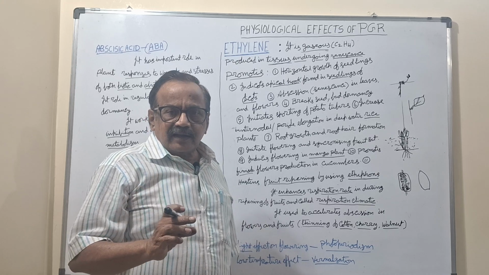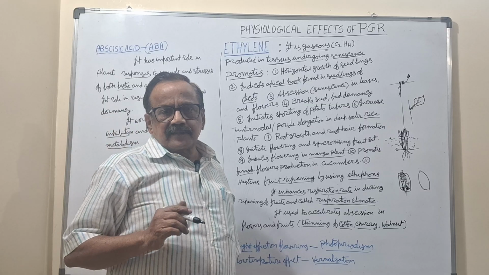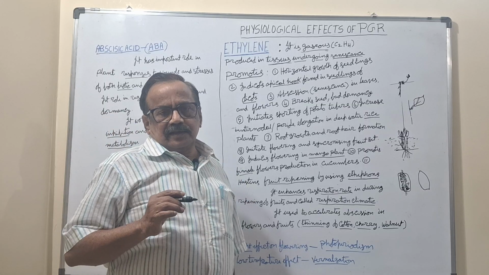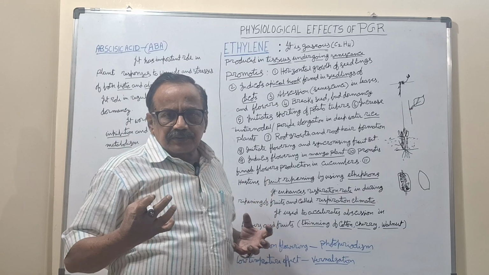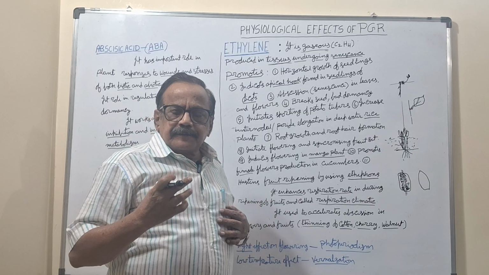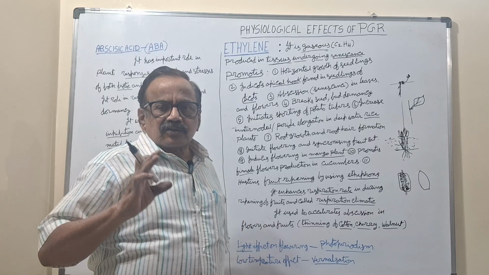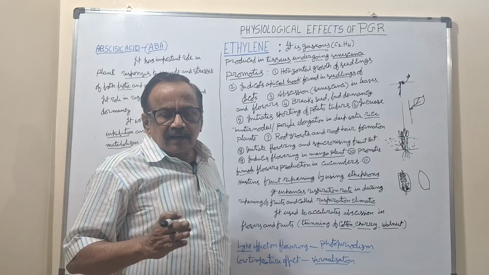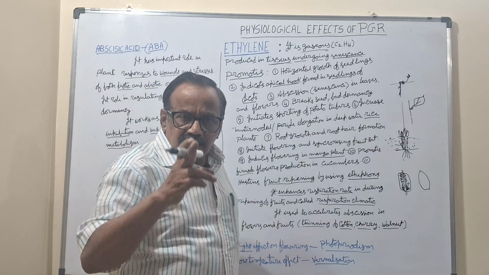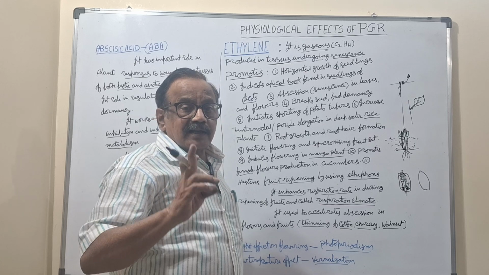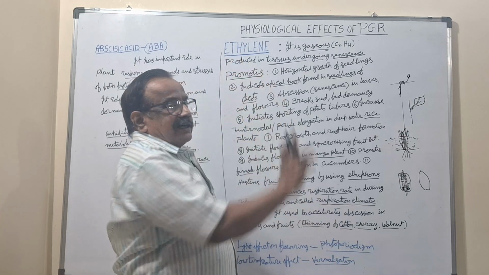Ethephon is a liquid which has chlorine and phosphorus also present in addition to the ethylene. So it will be absorbed by the tissue very easily and slowly releases the ethylene. So it will promote the ripening, or it will promote all the activities by spraying of the Ethephon. Remember it, Ethephon is a chemical which is to promote ethylene activities.